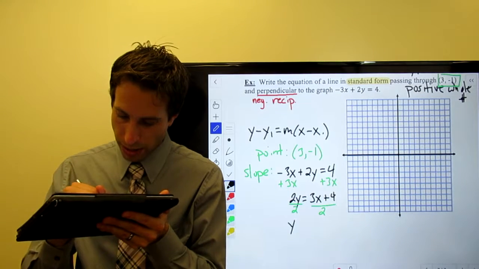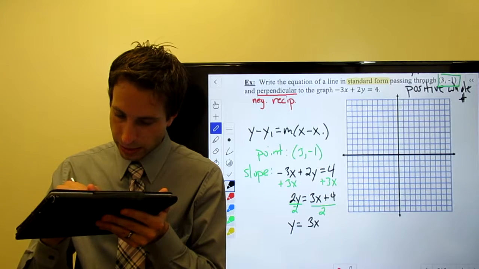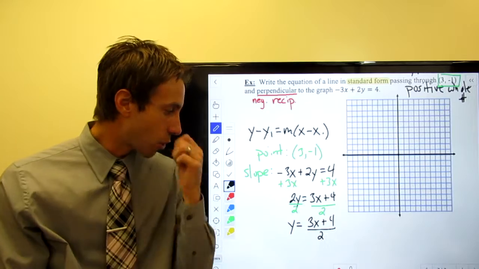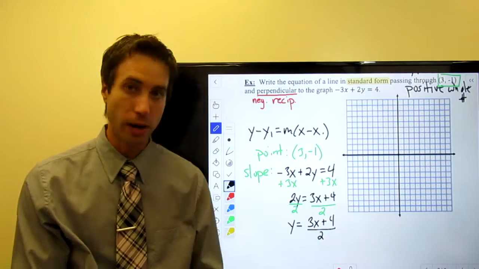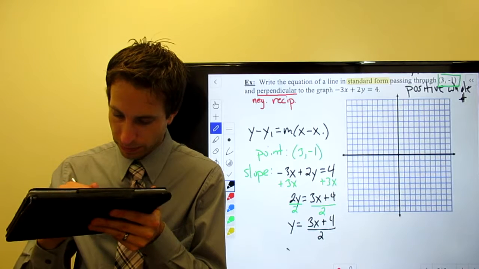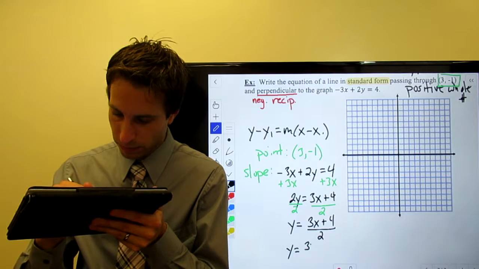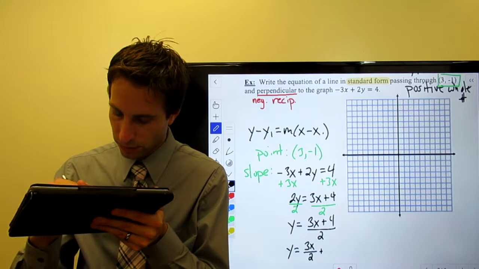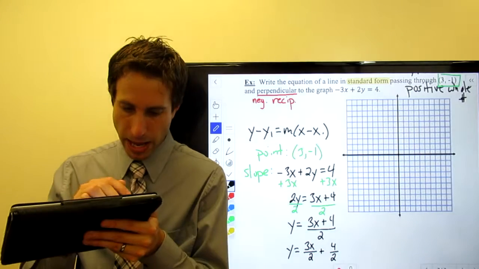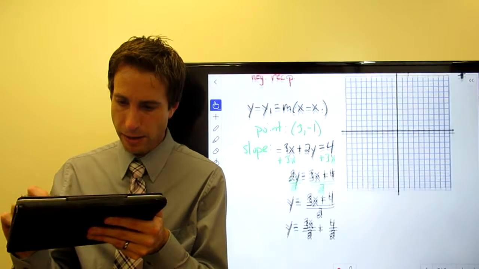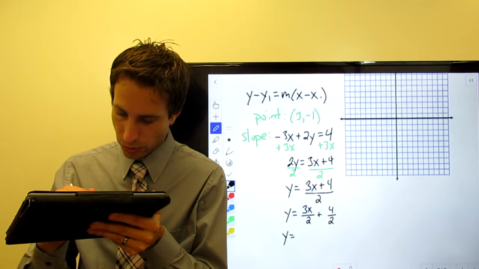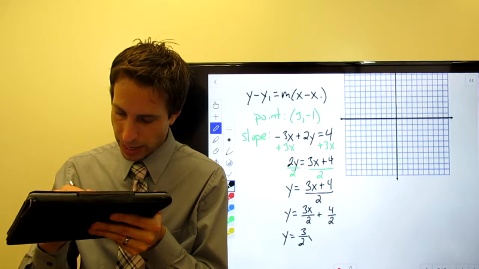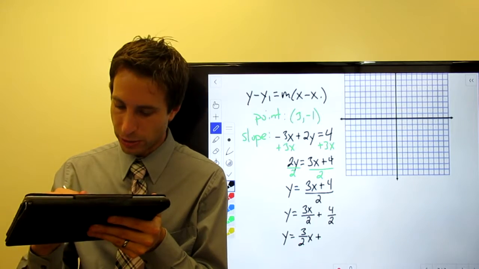That gives me y is equal to (3x plus 4) over 2. Finally, to get it in slope-intercept form, I'm going to do 3x divided by 2 and 4 divided by 2. And you're just about there. y is equal to 3 halves x plus 4 divided by 2 is 2.